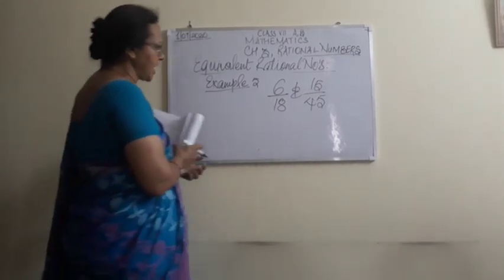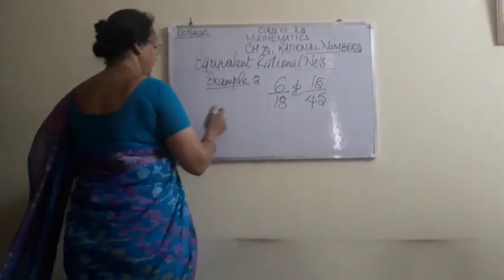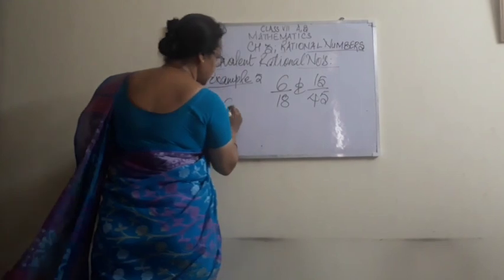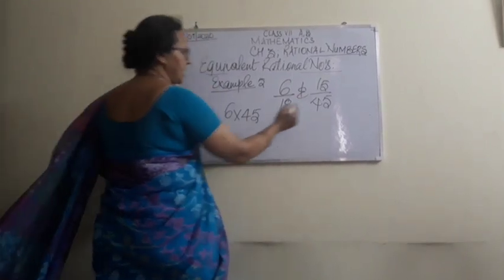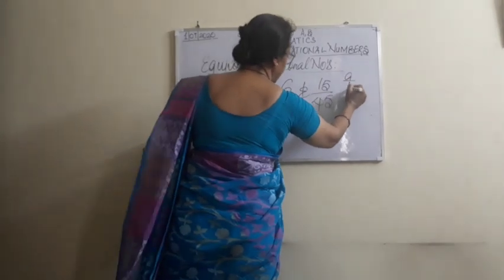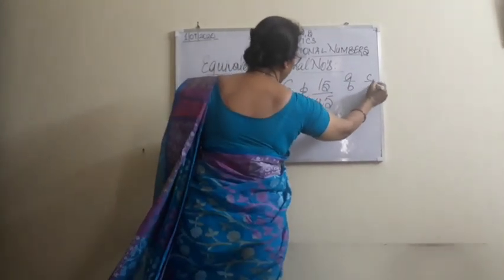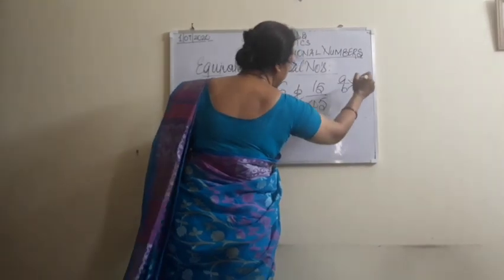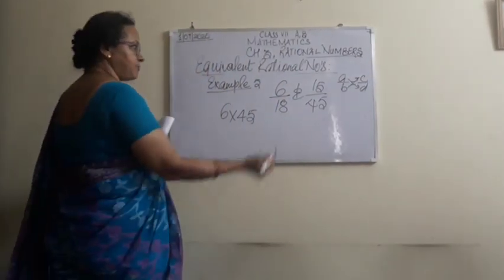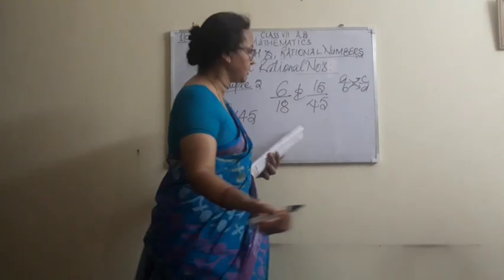We have to check. We will multiply 6 by 45. I told you the condition for A upon B and C upon D. Equivalent means equal. So what will we do? A into D and B into C. If both are equal, then they are equivalent.